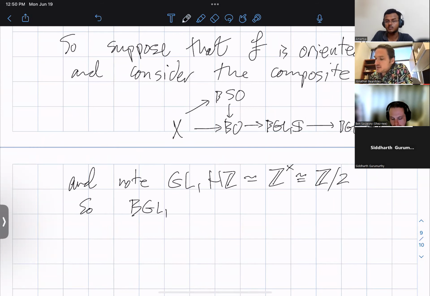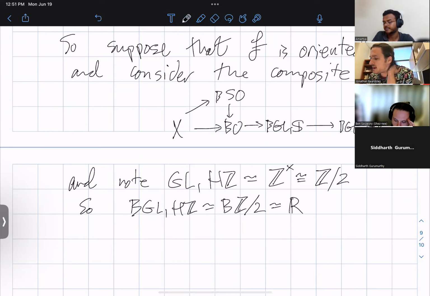So in this case, BGL1 of HZ is equivalent to BZ/2, aka RP infinity. And so now let's think about this composite we just wrote down.